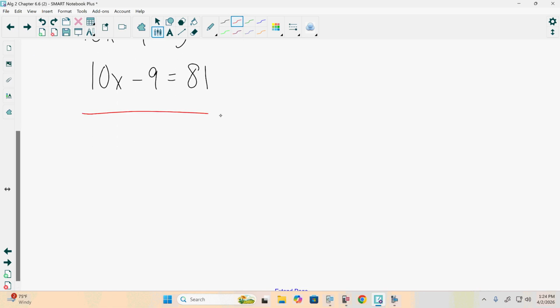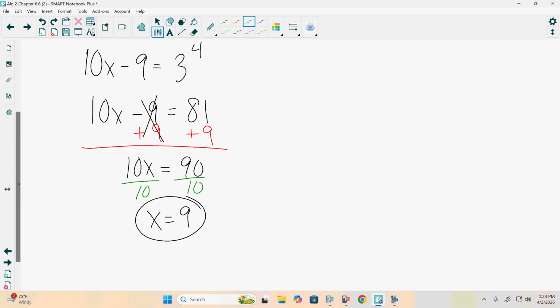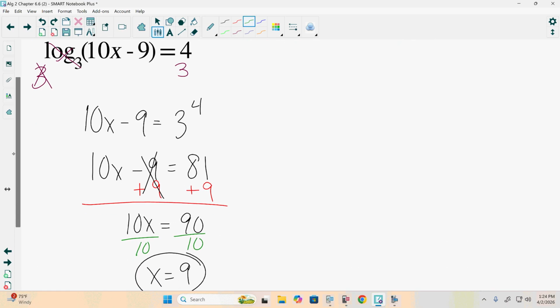Now we just need to solve for x. First thing we can do is add 9 to both sides, because our negative 9 plus 9 would cancel. 81 plus 9 is 90. Last but not least, we would divide both sides by 10, telling us x is equal to 9. And that would work back in there.